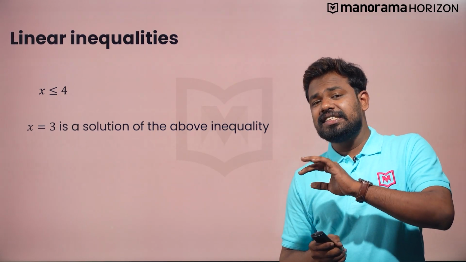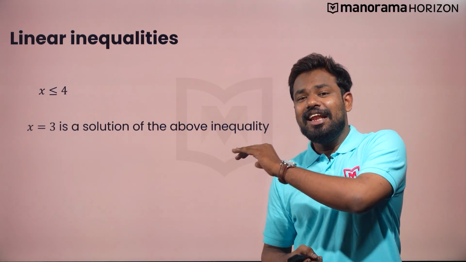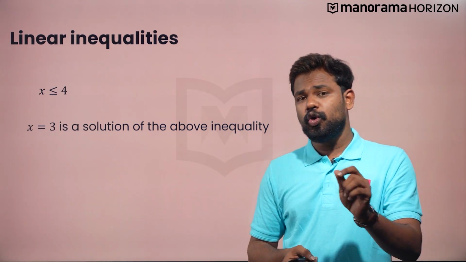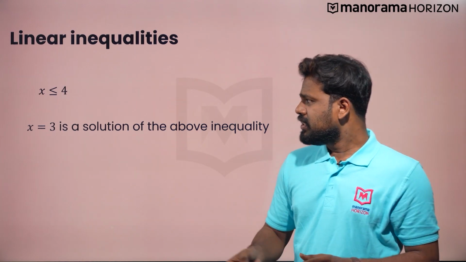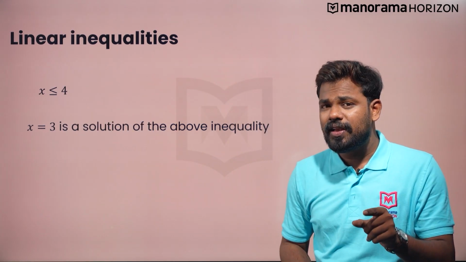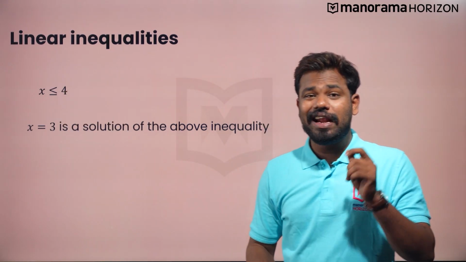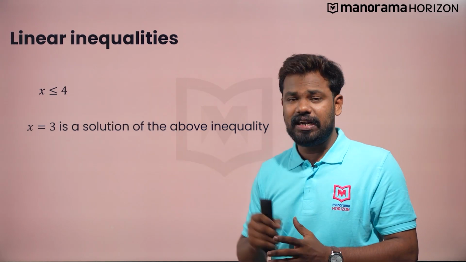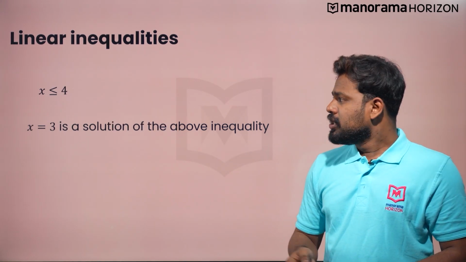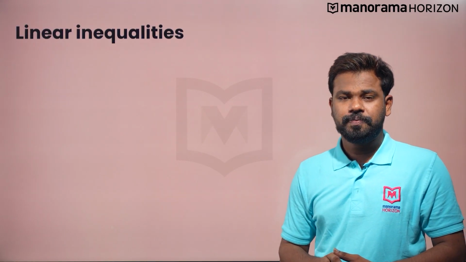If I mark x less than or equal to 4, what does it mean? It means that it can take any number which is less than or equal to 4. So can this inequality have x is equal to 3 as a solution? Yes, because 3 is less than or equal to 4, so it satisfies the condition given in the inequality. So x is equal to 3 is a solution of the above inequality.